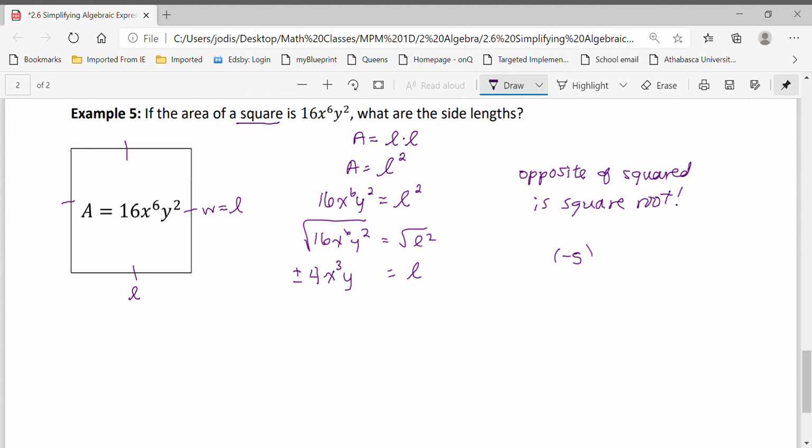The other thing that we should be writing here is our therefore statement. So we could write, therefore, the side length of the square is, and again, here we would know that's positive because lengths can't be negative, so it would be the positive 4x cubed y.